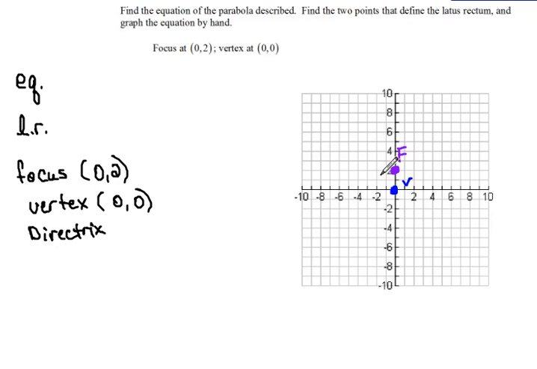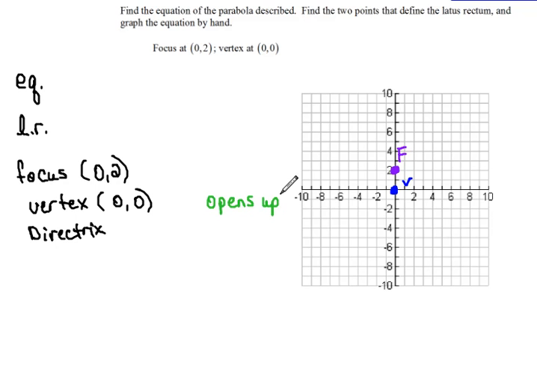But you know what? From this, we have everything that we need to know about this parabola. For instance, the parabola always opens around the focus, and that tells us that this thing has to open in the upward direction. So we know right now that this parabola opens up.